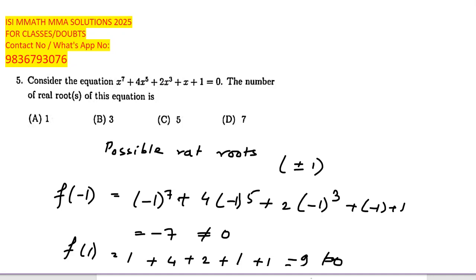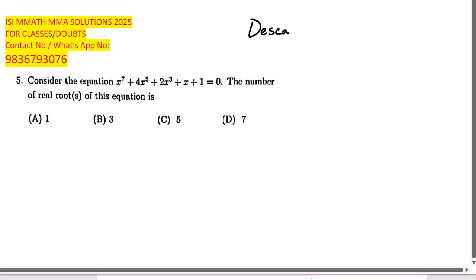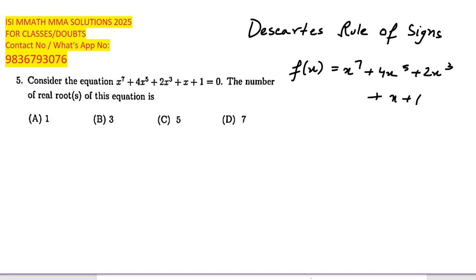Now we will try Descartes' rule of signs. For f(x) equal to x to the power 7 plus 4x to the power 5 plus 2x cube plus x plus 1, all coefficients are positive and there are no sign changes.